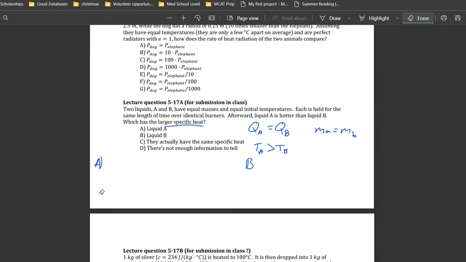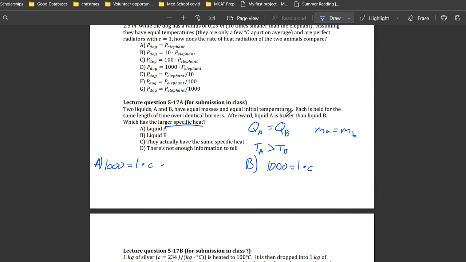So we could say again, the amount of energy transferred into both of these systems is 1,000 joules. And we can say the mass of these are both 1 kilogram. So 1,000 equals 1 times some value C times, and then this is the part where we get to input some value of delta T for both A and B where they're different.